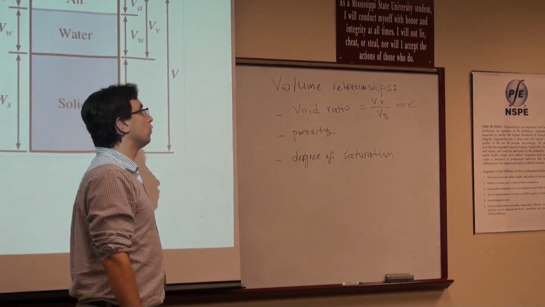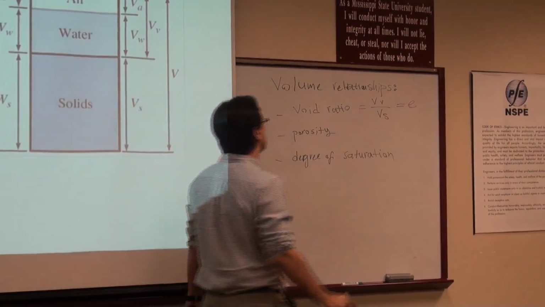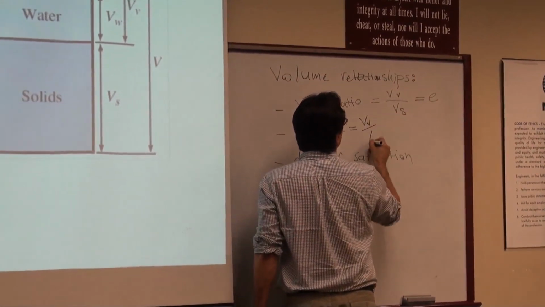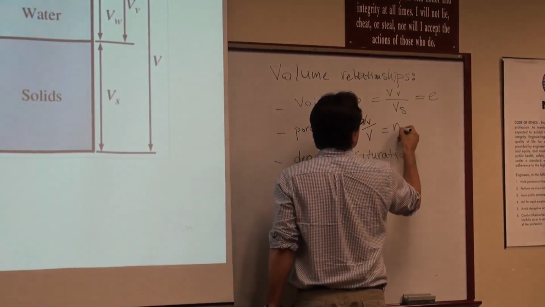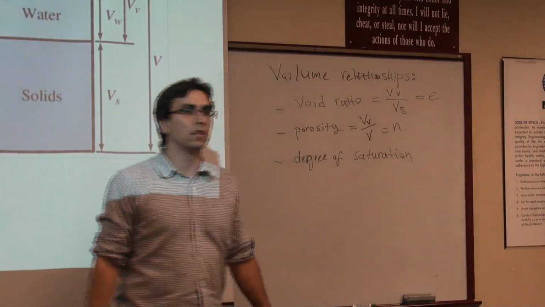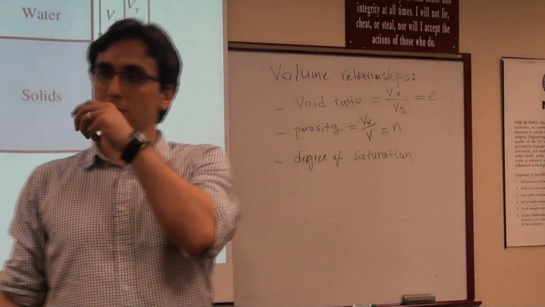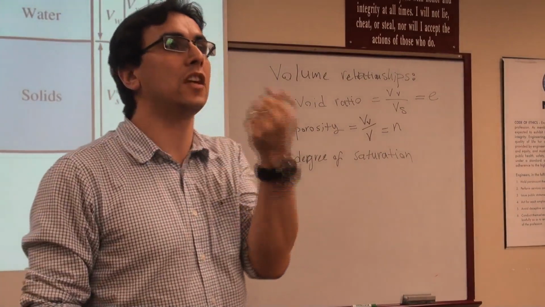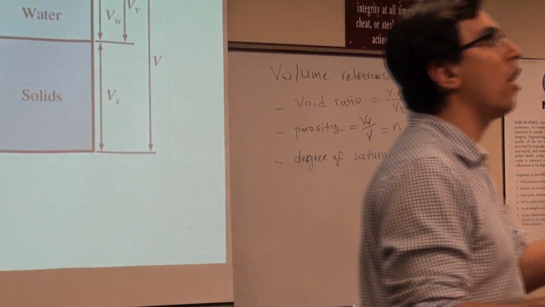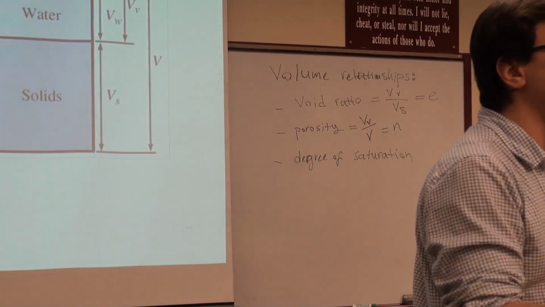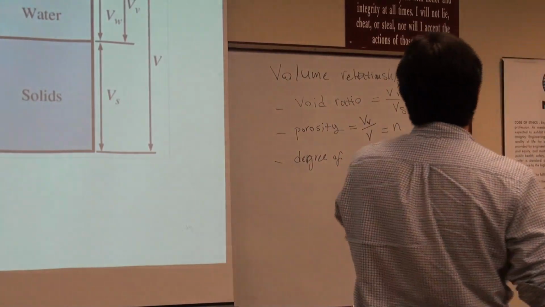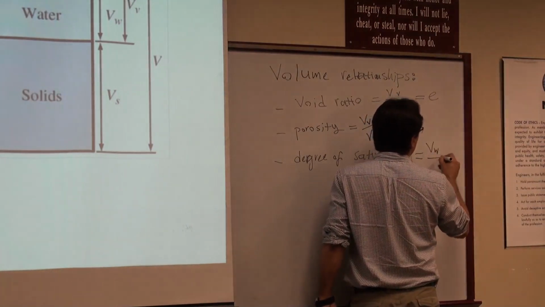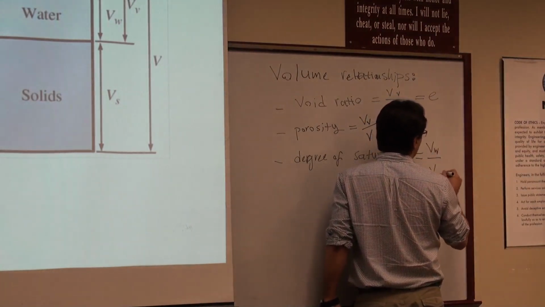Porosity is similar to void ratio, but instead of dividing by volume of solid, we divide volume of void by total volume, and we show that by n. How about the degree of saturation? With degree of saturation we want to see how much of our void volume is filled by water. So we find volume of water divided by volume of void.